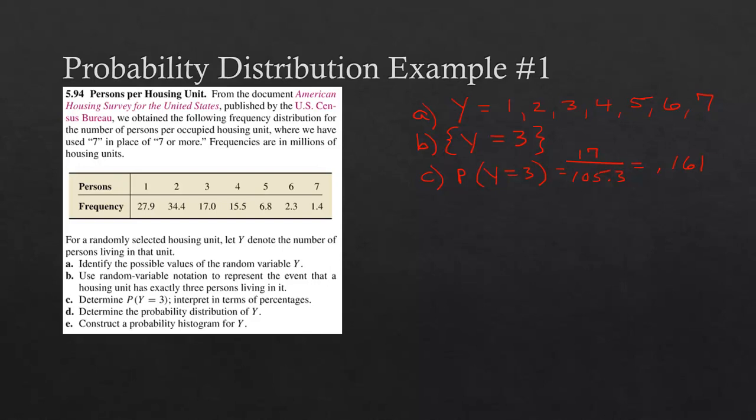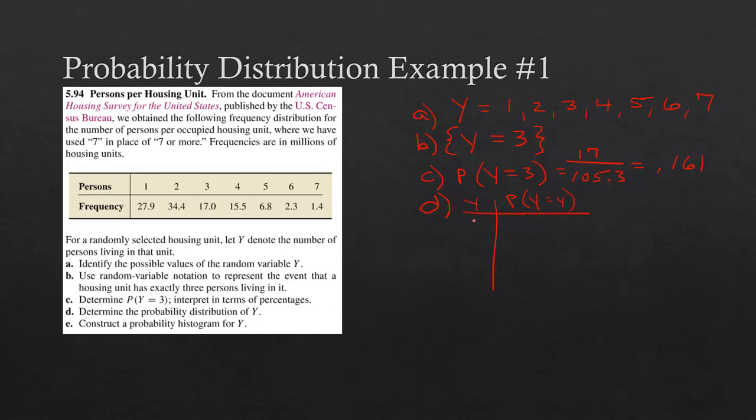So what does that mean in terms of percentages? Well, what that means is that 16.1% of the houses in America have 3 people living in it. 16.1% of the houses have 3 people occupying it. Alright, so let's look at letter D. Determine the probability distribution of y.